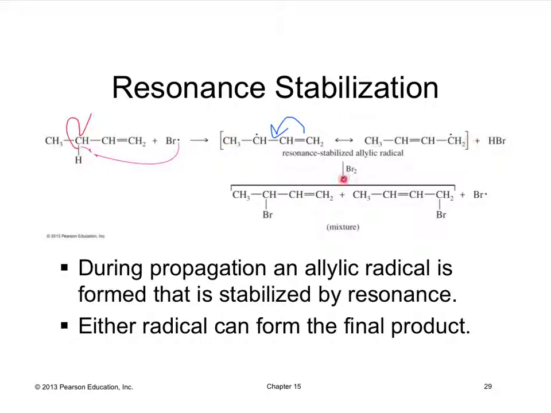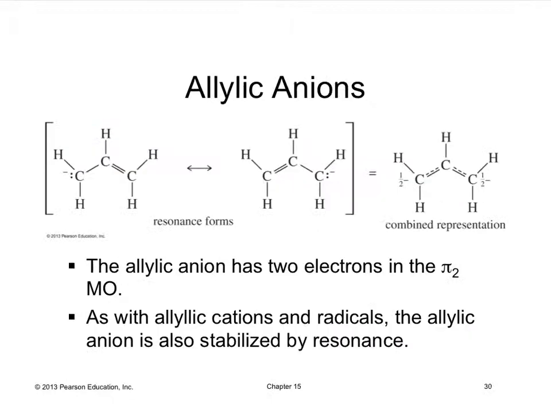Both of them are equally reactive, so you get an equal mixture of the bromine added at either the 1,2 or the 1,4 position, unlike the thermodynamic and kinetic control that we talked about in the previous case with cations.